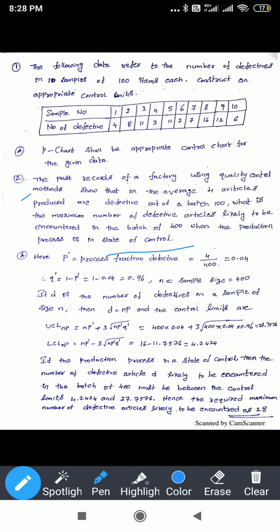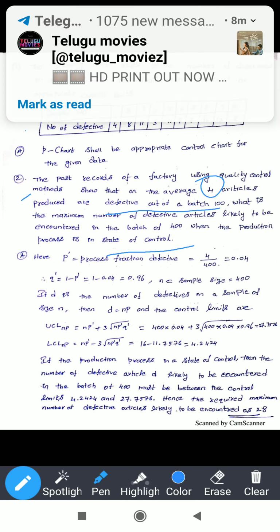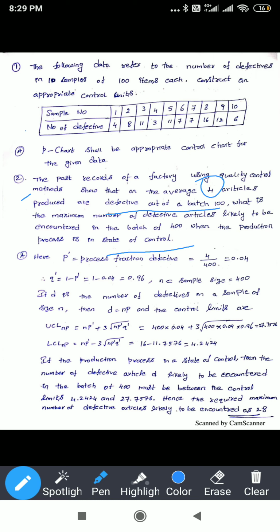So clearly they have given that the production is under control. Out of a batch of 100, 4 articles were defective. Now you have to find the number of defective articles out of 400.